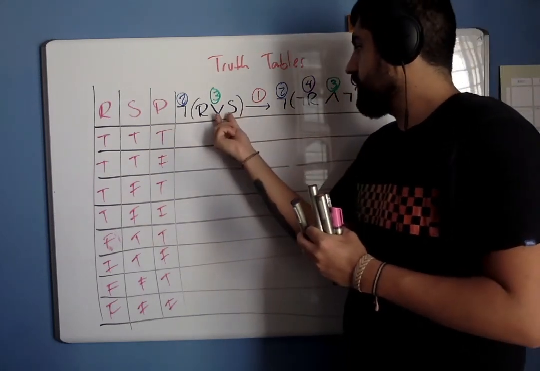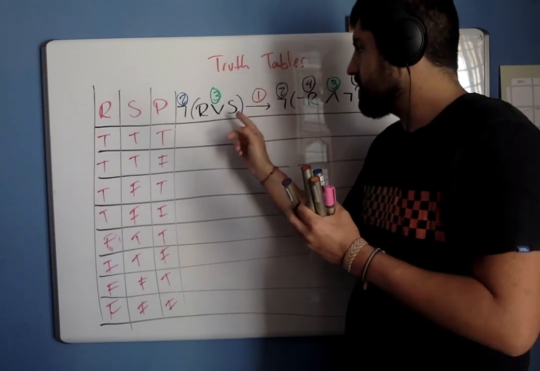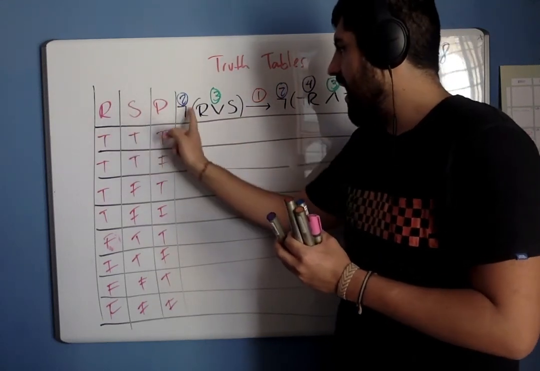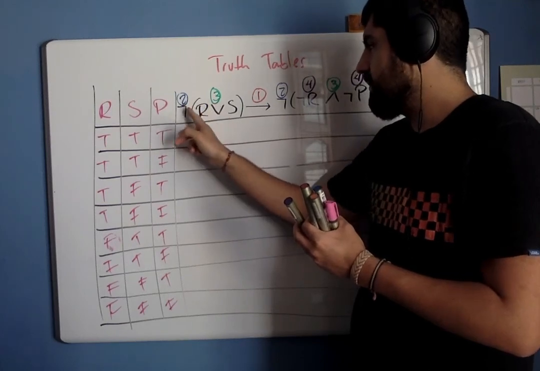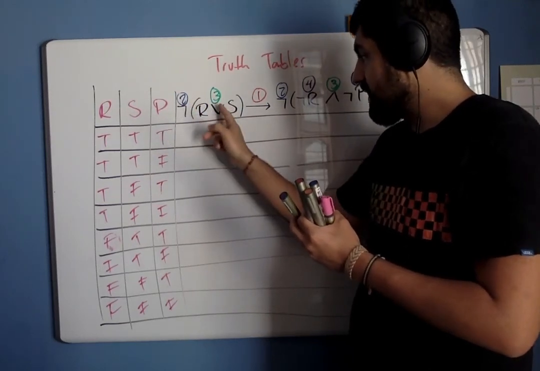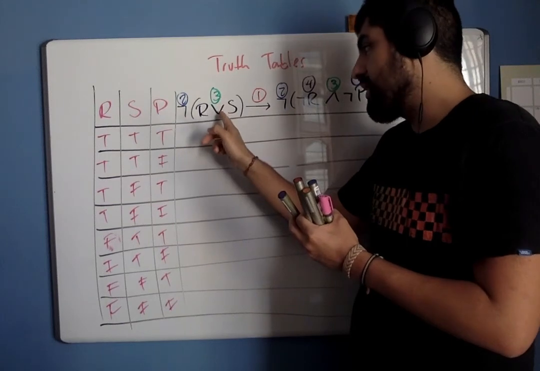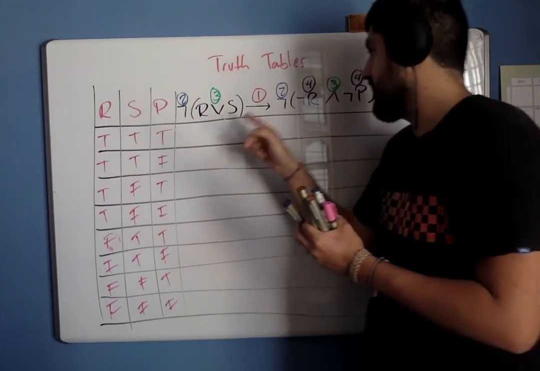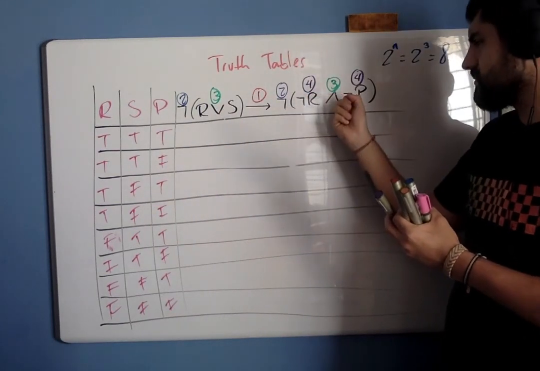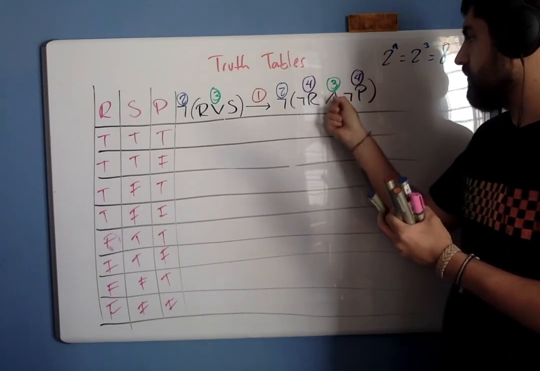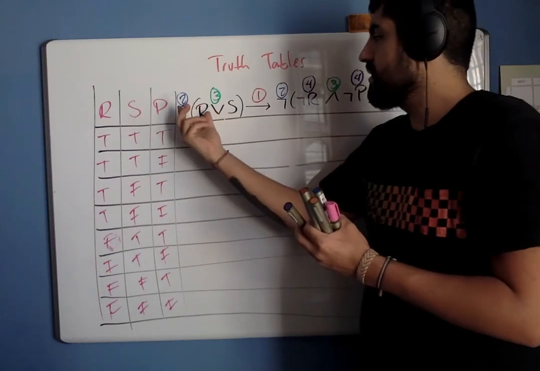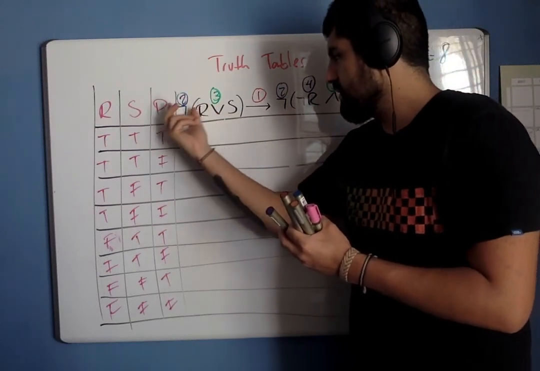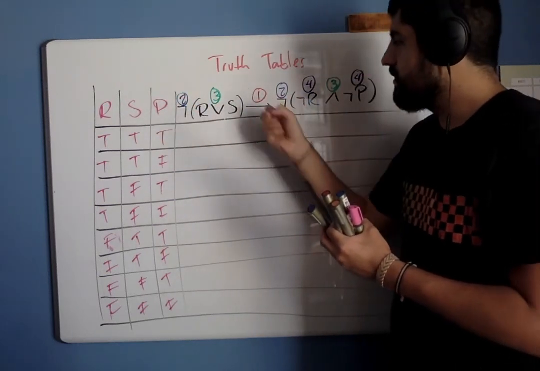Those 4s we can solve immediately because we have R and S, and we are going to solve this negation by inverting these values, but we need to solve further this inclusive disjunction. The same happens here. Once we solve these 3s, we are going to solve number 2, and once we have solved both 2s, we can solve number 1.